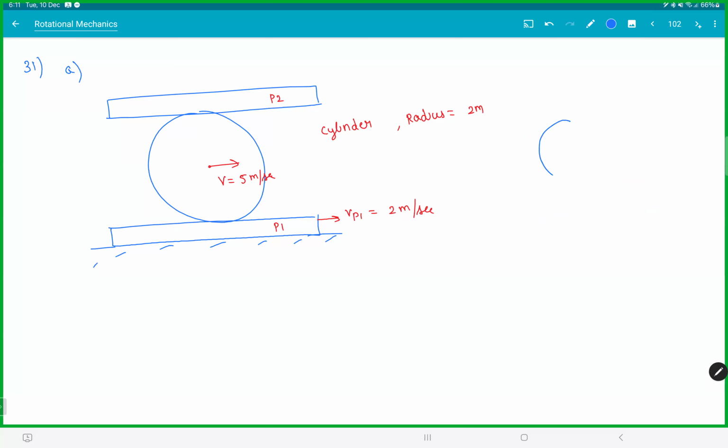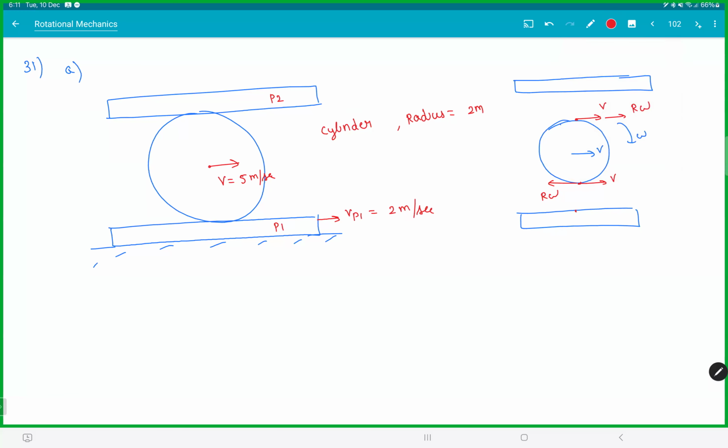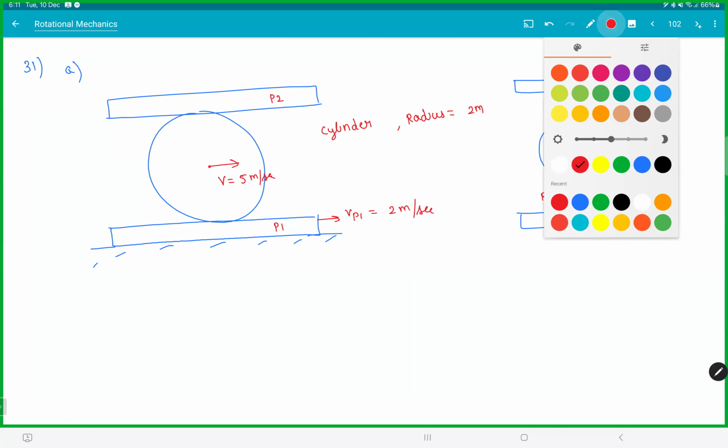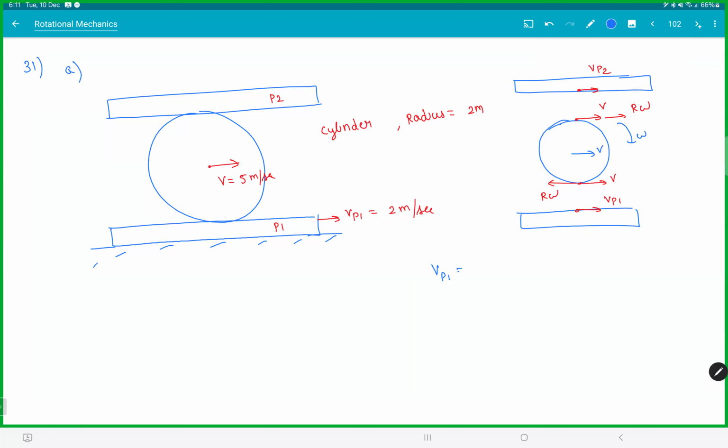Take the cylinder's angular velocity to be some omega. This is going with v. So at the bottommost point, the velocity is v minus r omega. At the topmost point, the velocity is v plus r omega. And now you are touching this point here, and you're touching this point here. So this point's velocity is vp1, and this point's velocity is vp2. Since it is not slipping, vp1 must be equal to v minus r omega. V plus r omega must be equal to vp2.